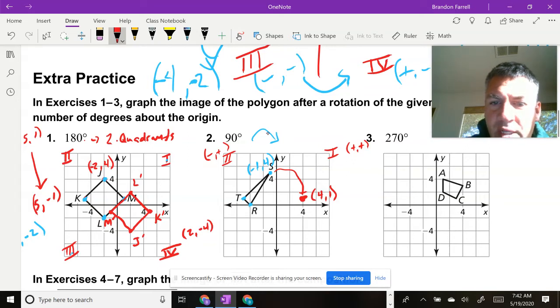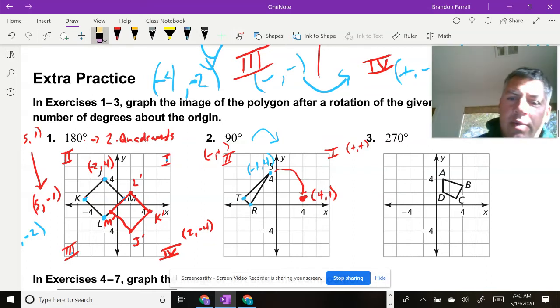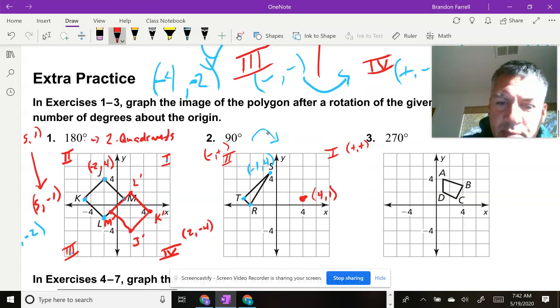Okay, you switch the X and Y and you figure out what quadrant you're in. That's the most important thing that we do. This point looks like -4, 0. We switch and make that point right there, which is going to be R prime.